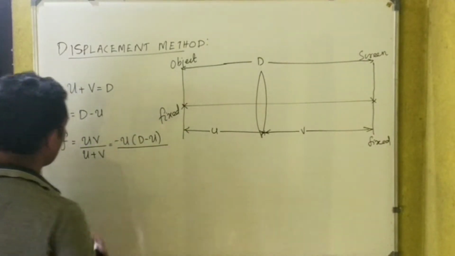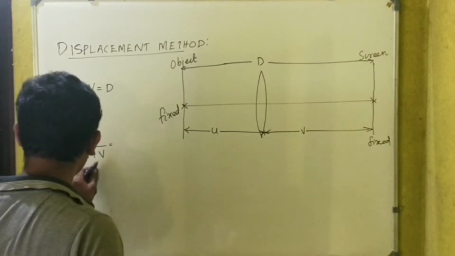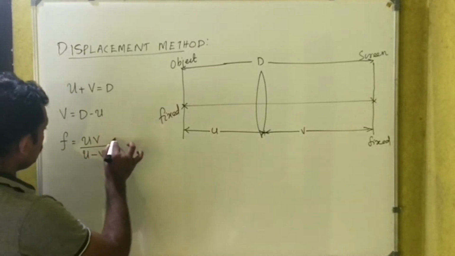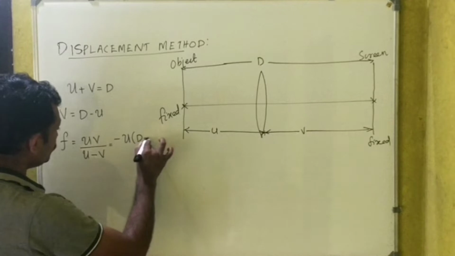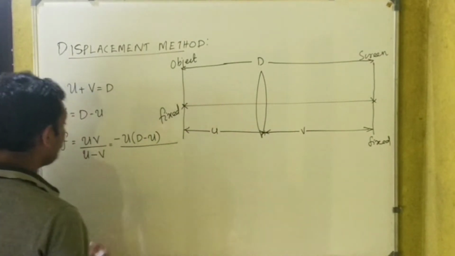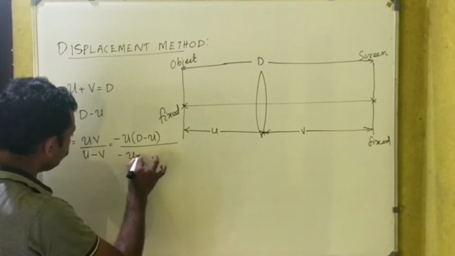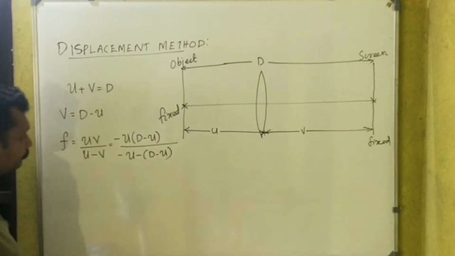divided by, or rather just we take this as such, minus u plus v. Minus u, as u is negative, v is positive, it is D plus u, D minus u, divided by minus u minus D minus u. Right?